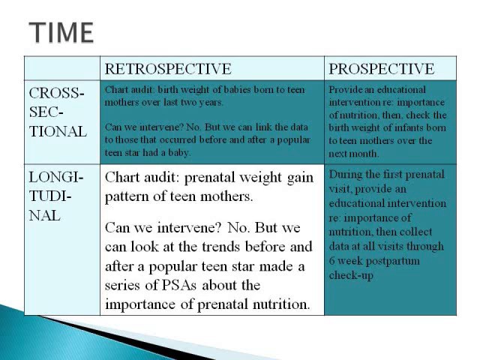Retrospective longitudinal. Again, we're looking in the past, looking at a chart audit, prenatal weight gain pattern of teen mothers. Can we intervene? No. But we can look at the trends before and after a popular teen star made a series of public service announcements about the importance of prenatal nutrition.